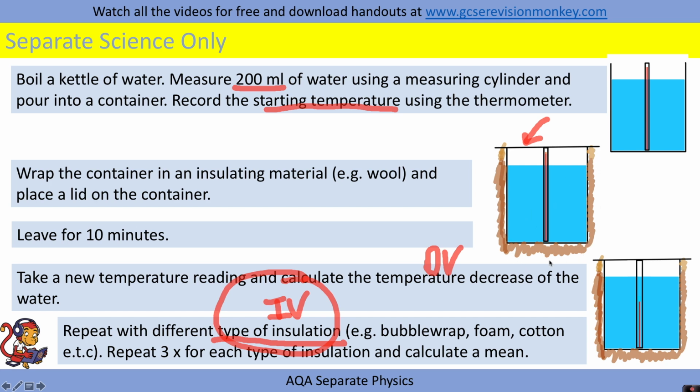So in that case you'd start with a thinner piece, do your readings, and then repeat the experiment with a thicker piece of wool, calculate temperature decrease, and again change the thickness again, and so on. So be resilient in the exam. They might not ask you for different types of insulation, they might ask you for something like changing the thickness instead.